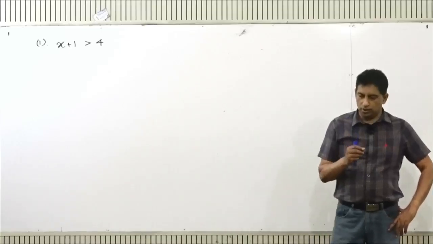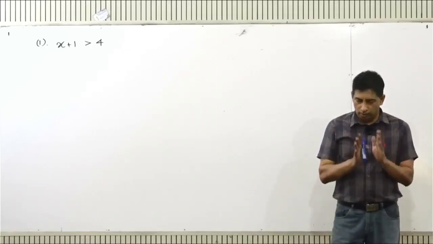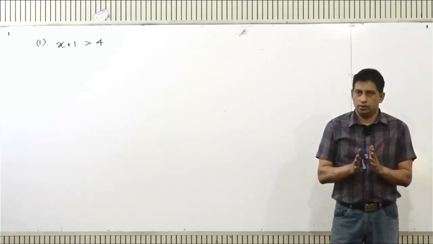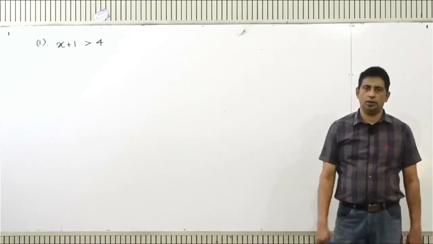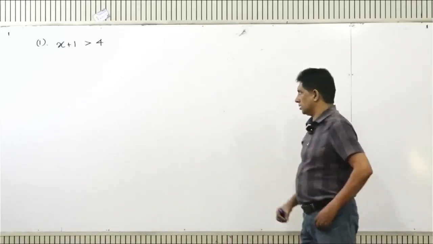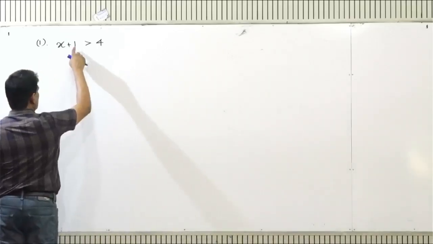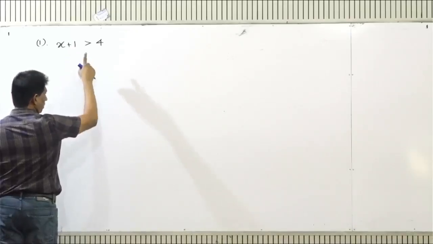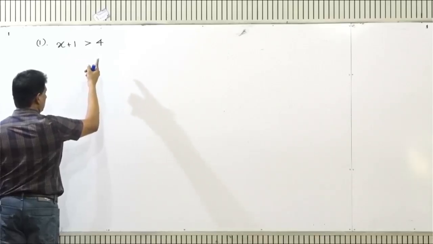Now we have to learn how we can solve this linear inequality. We have to make the unknown the subject on one side of the inequality. Here the unknown is x, no? How can we make x the subject? We have to remove this positive one. According to the inequality laws, we can subtract the same real number from both sides of an inequality.